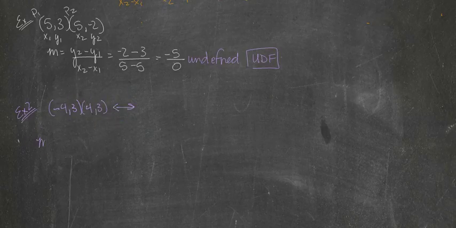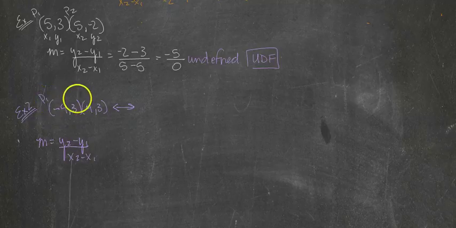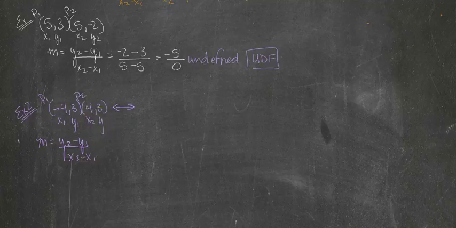Let's see what the slope is. M equals y2 minus y1 over x2 minus x1. If I call this point 1 and call this point 2, then this is x1, y1, x2, y2. A good idea in early days to write these little notations out so you don't make a mistake.